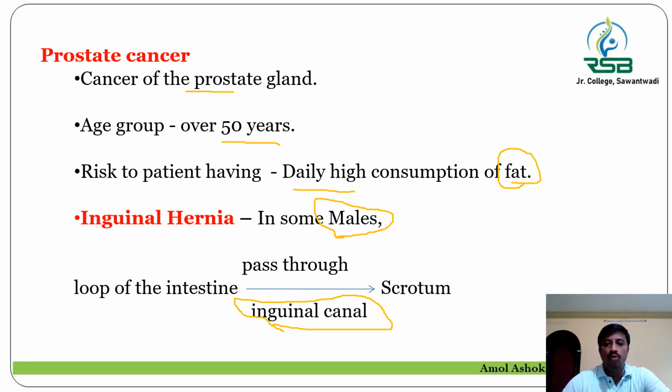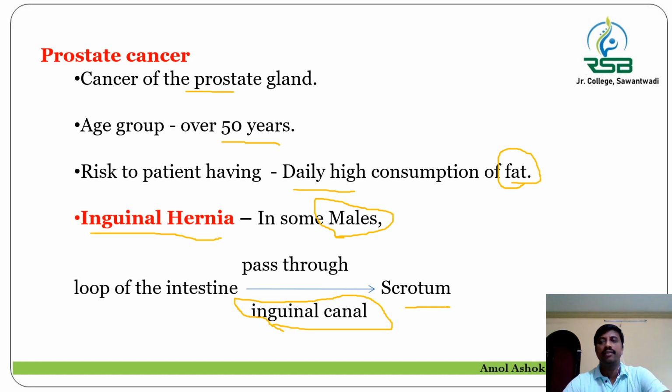The loop of intestine passes through the inguinal canal, then towards the scrotum, that is the covering of the testis, the pigmented pouch present around the testis. Here the loop of intestine develops into the inguinal hernia, which may lead to prostatic cancer.